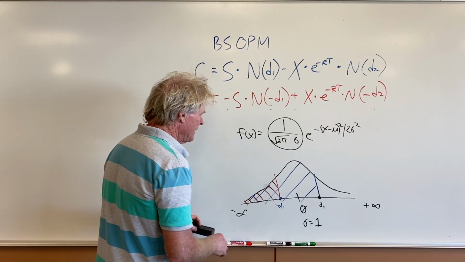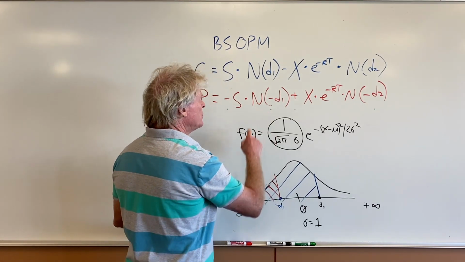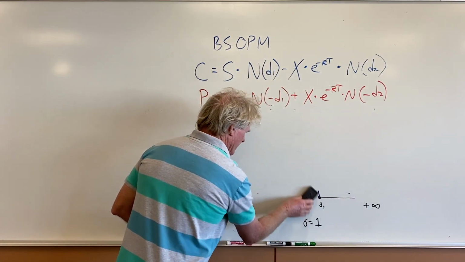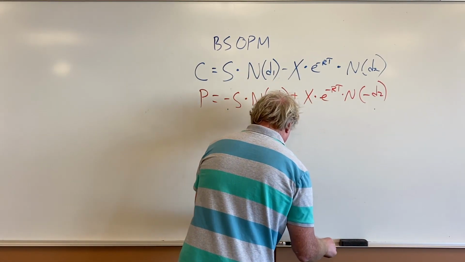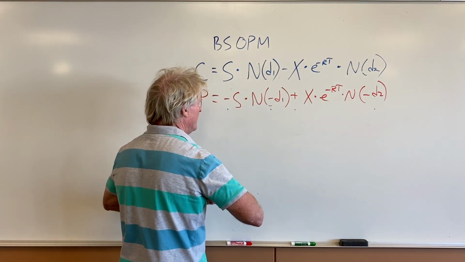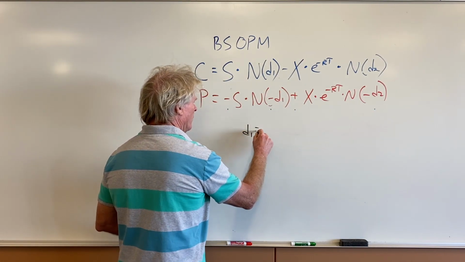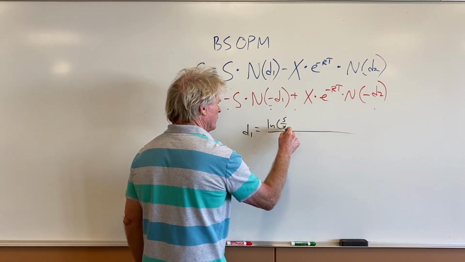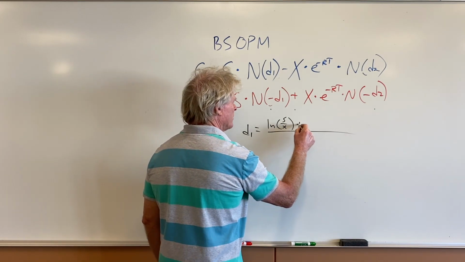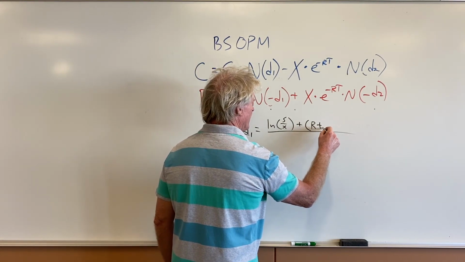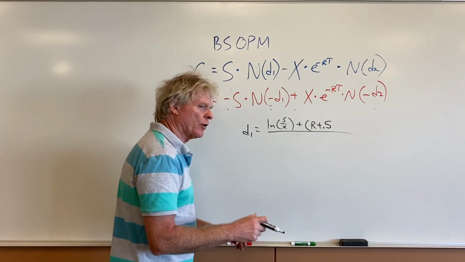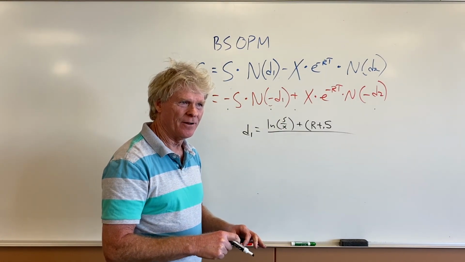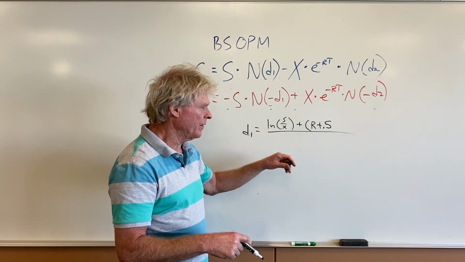Okay, so next, what is D1? What is D2? Well, I have to show you the equations. And D1, according to this pricing model, is the natural log of stock price over strike price plus the risk-free rate plus 0.5 sigma squared, times T, divided by sigma times the square root of T. I'm going to write a sigma. It's what I called EV in the prior video, expected volatility.